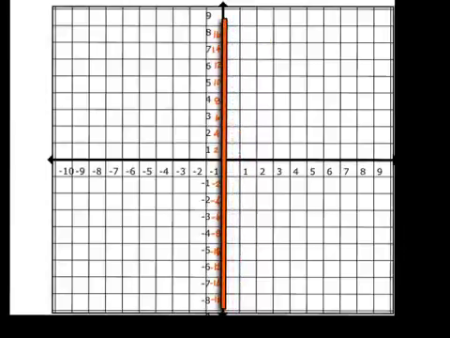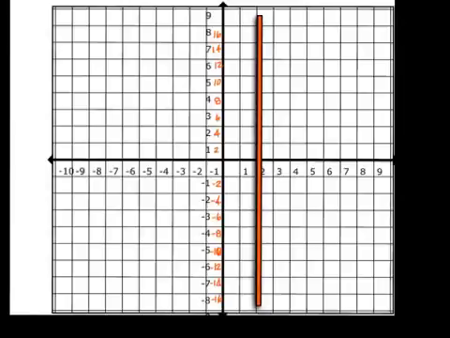I have to draw mine separately and then move it. So there's your axis of symmetry. Now you need to put the vertex on it, and the vertex was 2, negative 16. So we'll go all the way down here and put the vertex right there. That's where it's going to change direction.